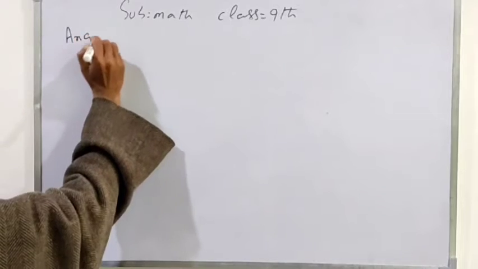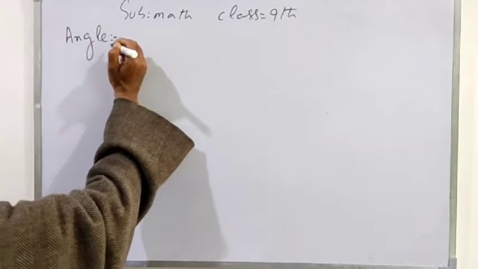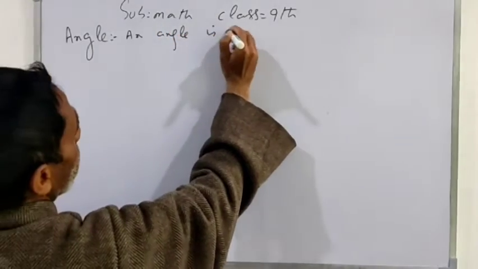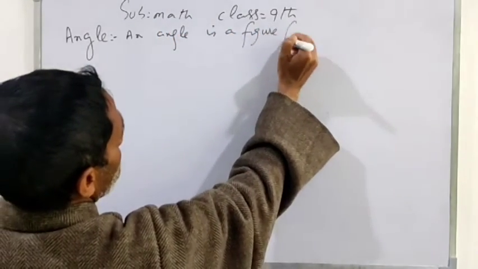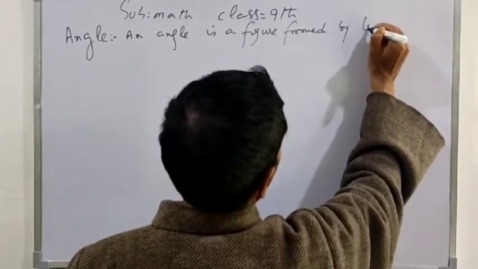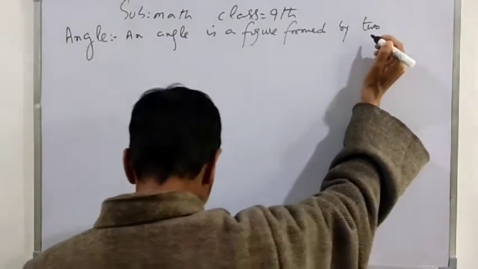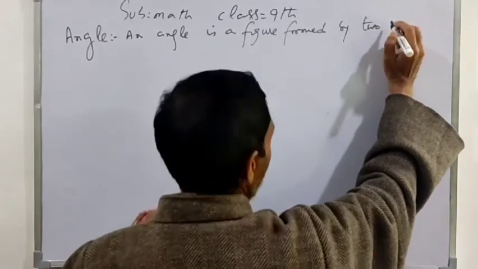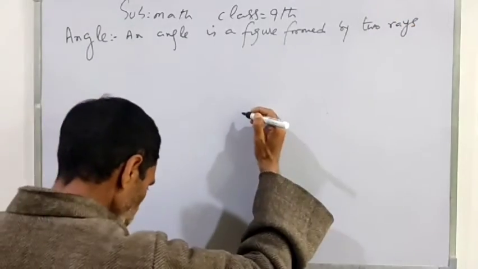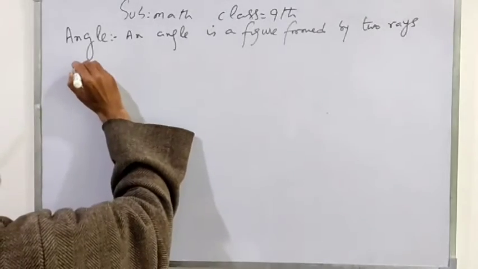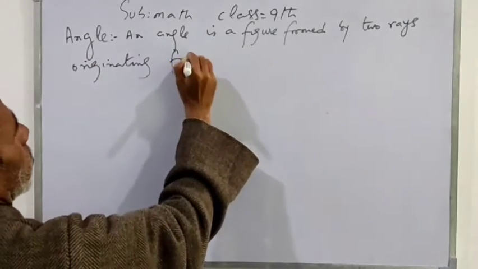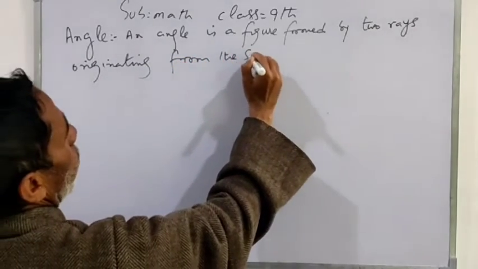After this we will state what is meant by an angle. An angle is a figure formed by two rays originating from the same endpoint.